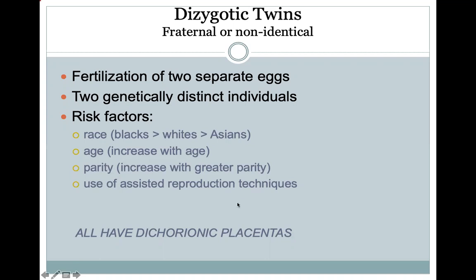Frequently they'll put in two embryos, and two embryos might take. Some docs just put in one, but putting in two increases the likelihood of success. Remember that dizygotic twins, that is non-identical twins with two separate eggs, all have dichorionic placentas, and that's where the confusion comes sometimes. So we'll talk more about that as we go.